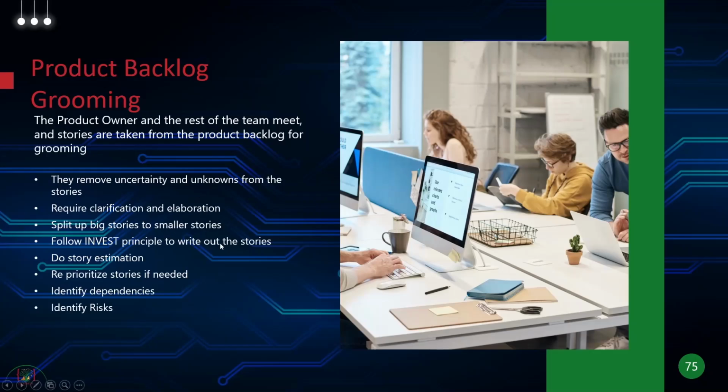They'll split up bigger stories into smaller stories. You can follow the INVEST principle, the SMART principle or the 3 C's to write your user story. Do story estimation, prioritize the stories, identify the dependencies, identify the risks, and make sure it's all spelled out properly in the product backlog after the grooming.